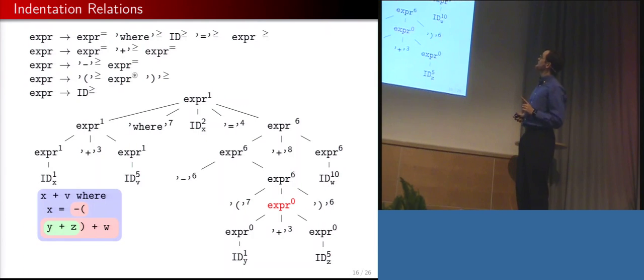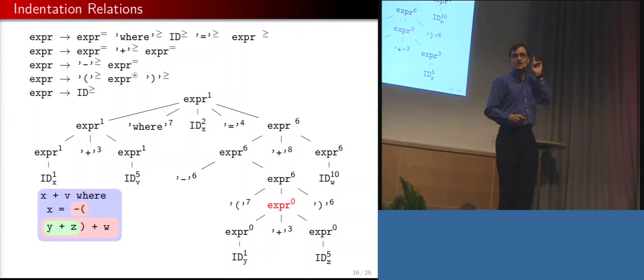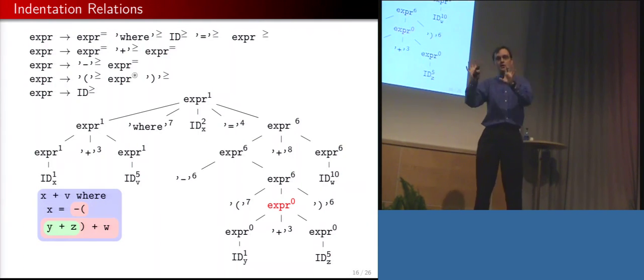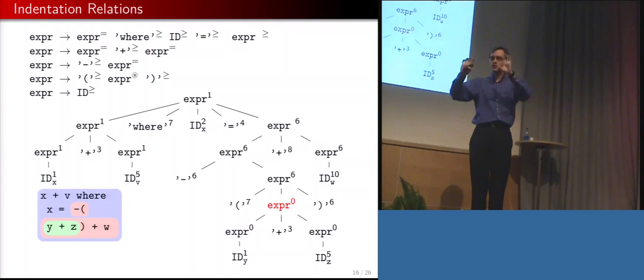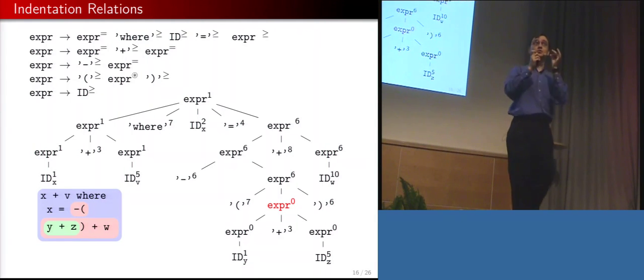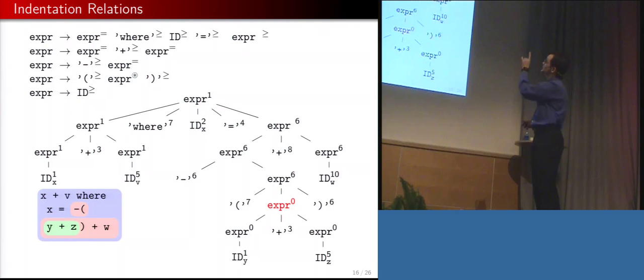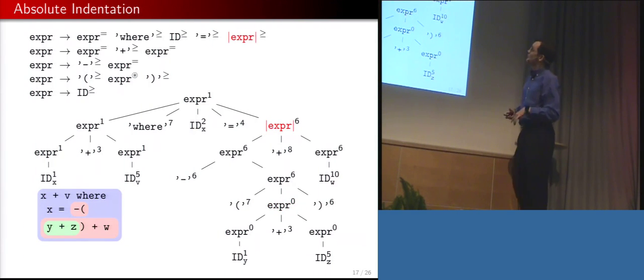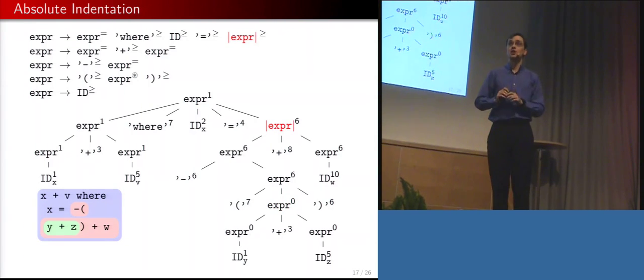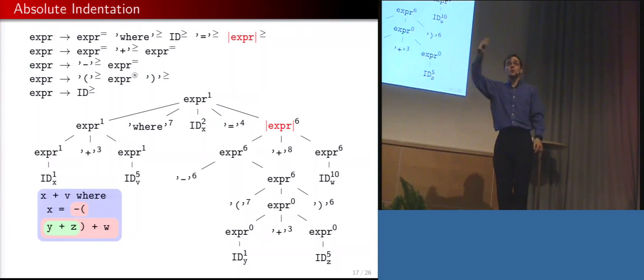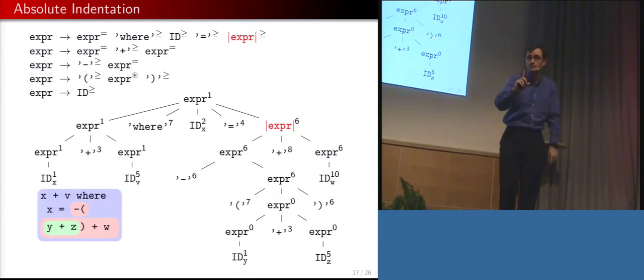Now, we're almost done. There's one last thing. Remember I said at the beginning, while it's not always true that you want a non-terminal to align to the column of its first token, in many languages there are certain constructs in which you do want this. And remember I said at the beginning, for the right-hand side of expr, we do want it to align to the first column, in this case the minus sign. So we're going to introduce one more operator, which is this absolute alignment operator.